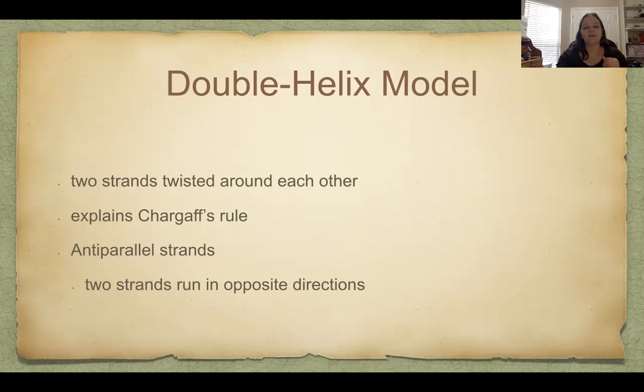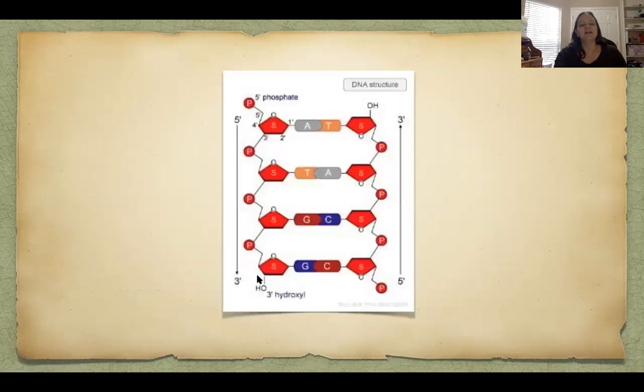And then they also determined that these two strands are anti-parallel. So they're next to each other, right? They're parallel, but one runs this way and one runs this way. And what we mean by that is the orientation of the sugar. Okay, so on this side, you can see that the sugar is at the top.